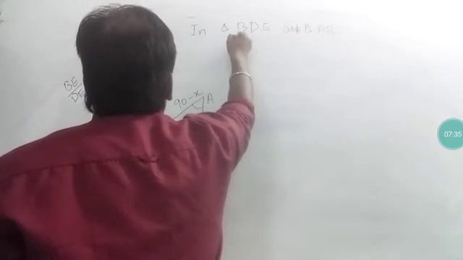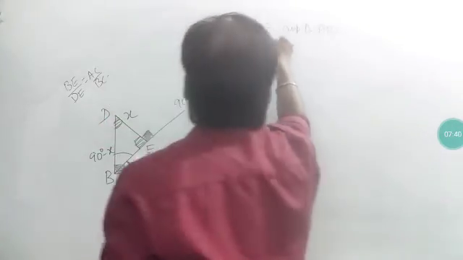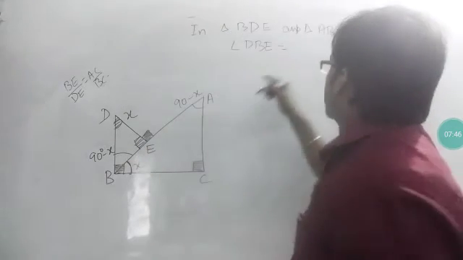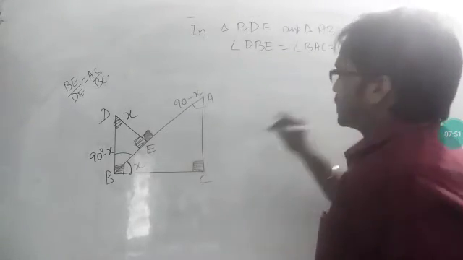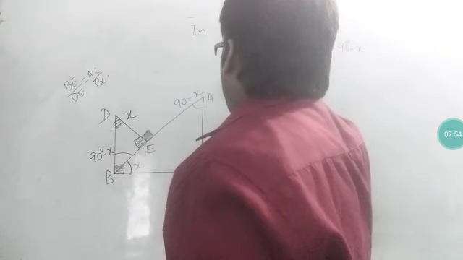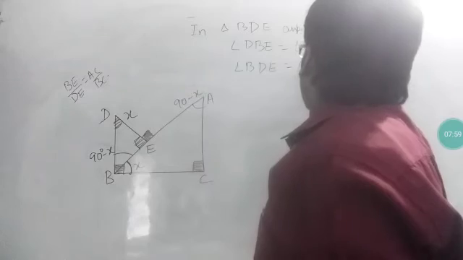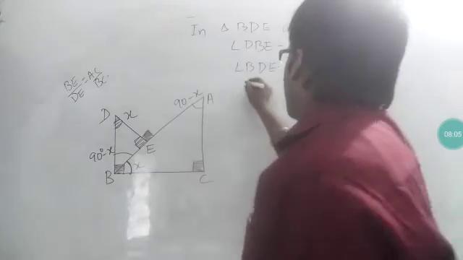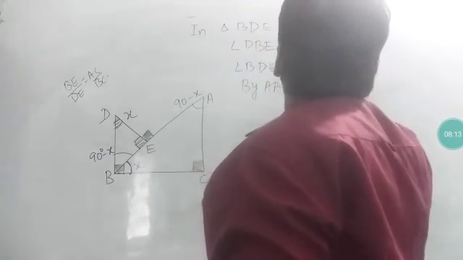One angle is 90 degrees. I am writing here, angle DBE is equal to angle BAC, both are 90 minus x, and angle BDE is x, so angle ABC is also x, and finally angle E is equal to angle C, which is 90 degrees.